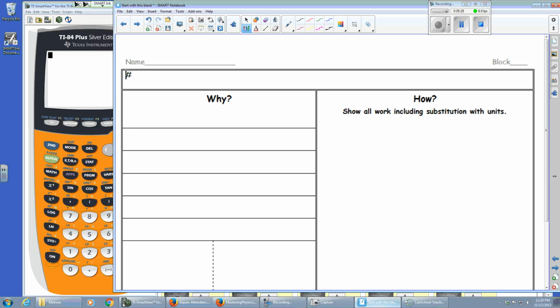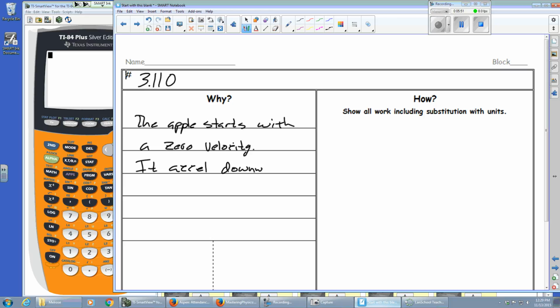Those are good things to show you understand: the apple starts with a 0 velocity. It accelerates downward at 9.80 meters per second squared, or you could write little g there.